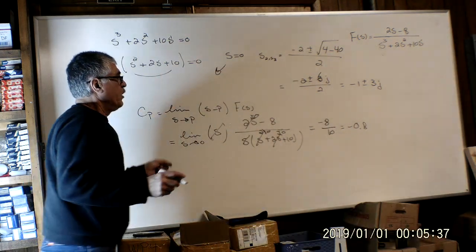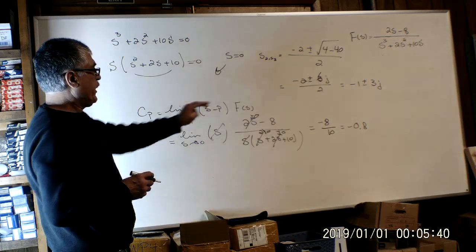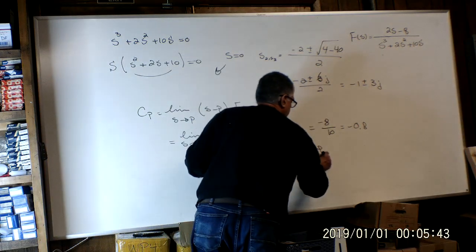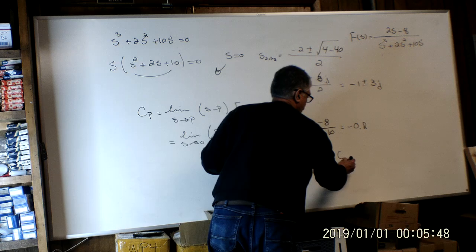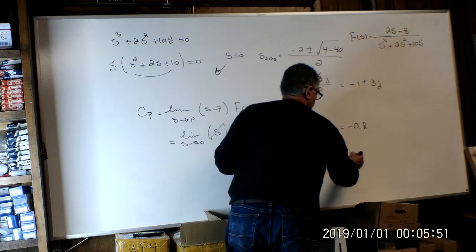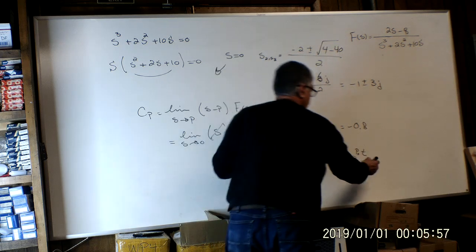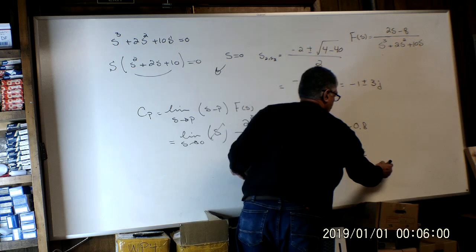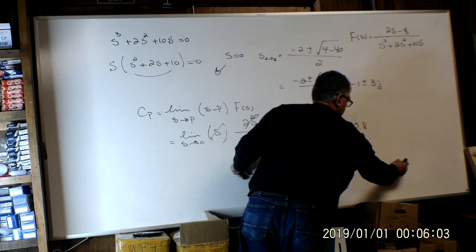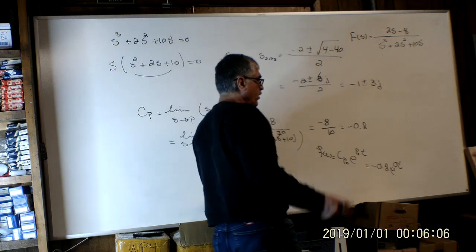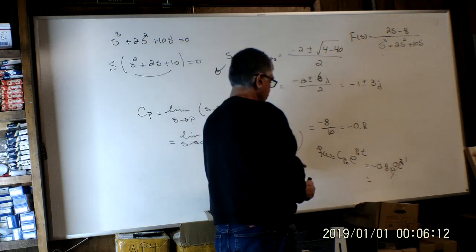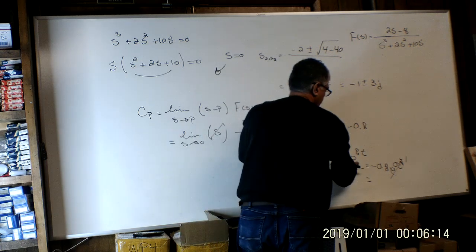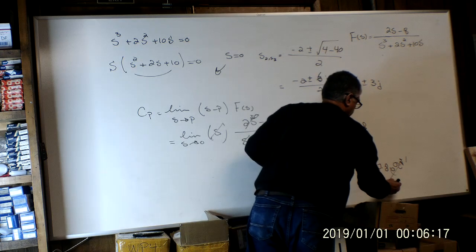So our original function associated with our real pole, f(t), will be equal to our constant associated with our pole 0 multiplied by e to the power of our pole times t. So this is equal to minus 0.8 multiplied by e to the power 0t, and e to the power 0t is equal to 1. So our original function associated with our real pole will be minus 0.8.